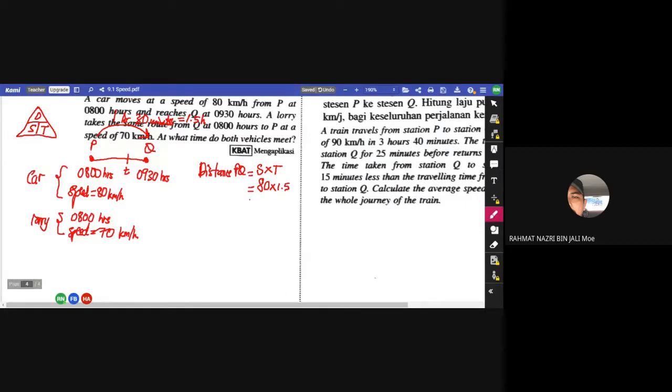So lastly, we get the distance of PQ in kilometer. 80 multiply 1.5. What is the answer? What is the distance? 120 kilometer. Okay, good.